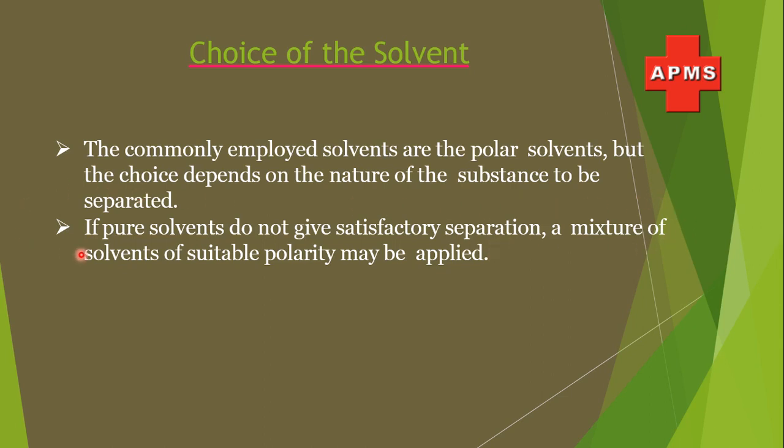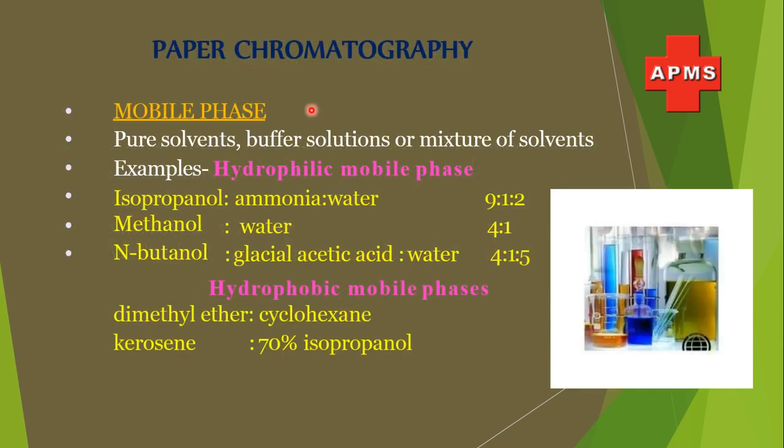If our sample contains polar, semi-polar and non-polar components, then this type of mixture is very good for separating those components. The mobile phase could be pure solvents like water, or any other volatile solvent; pure solvents, buffer solutions, or mixtures of solvents.